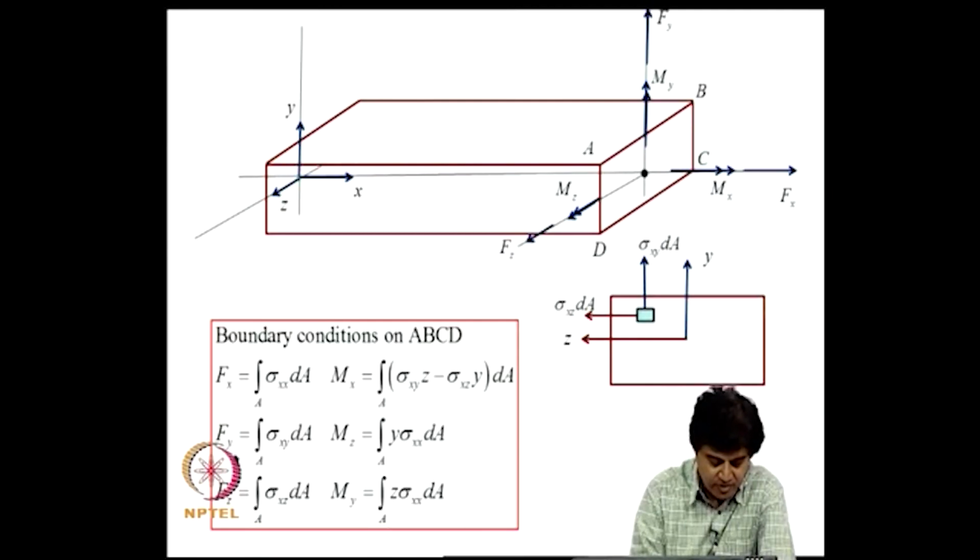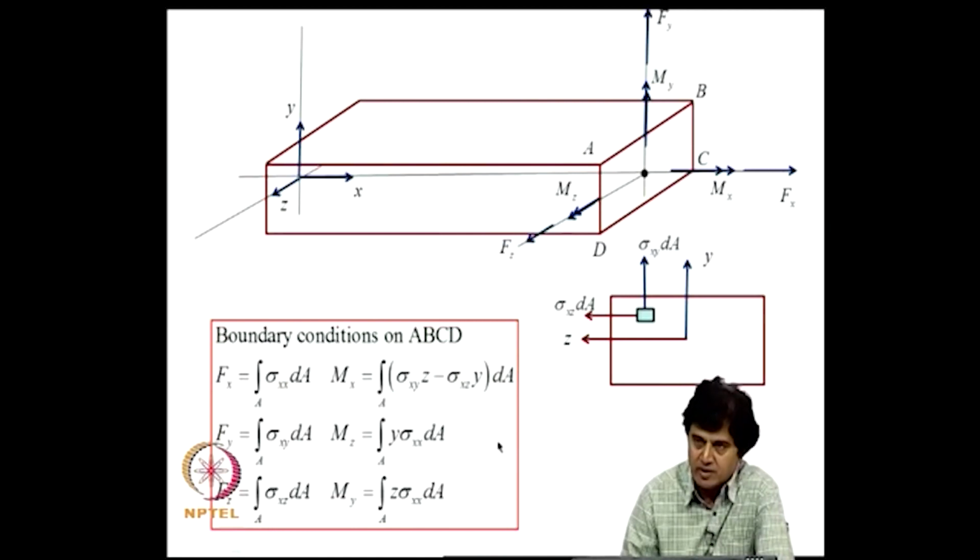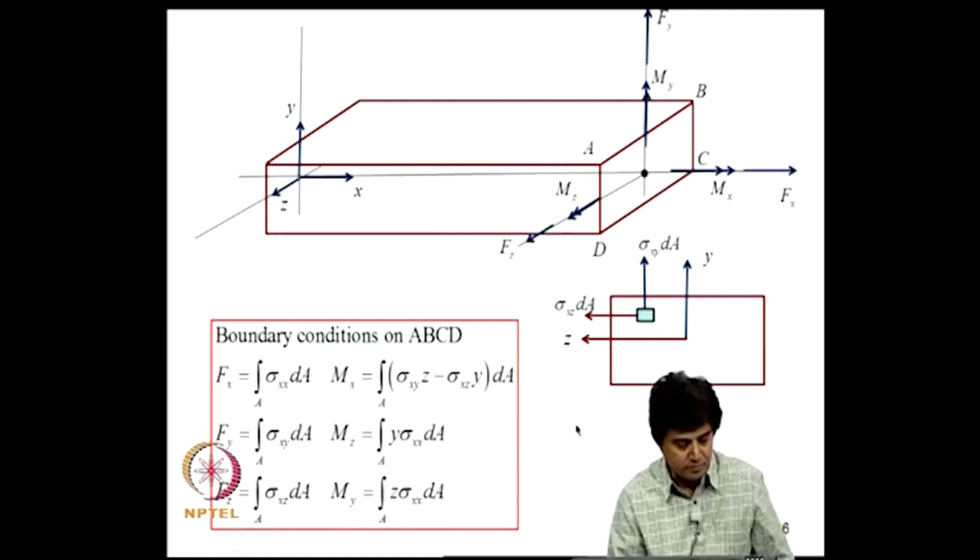Now, shear force Fy must be the integral of sigma xy dA over A. Mz is the integral of y sigma xx dA and Fz is the integral of sigma xz dA over A. My is the integral of z sigma xx dA. So, you can find out why all these are true by drawing simple sketches. This will prove to be important as we proceed.